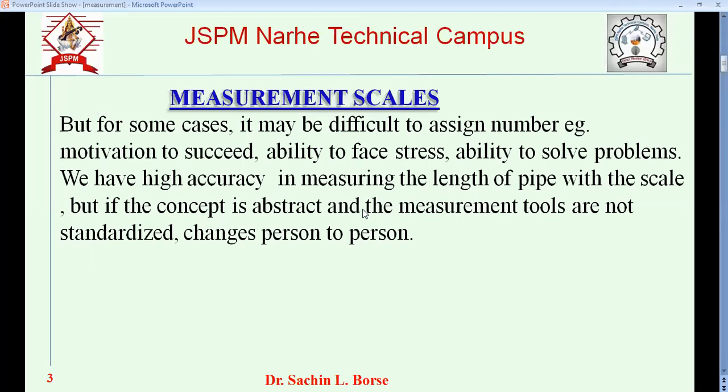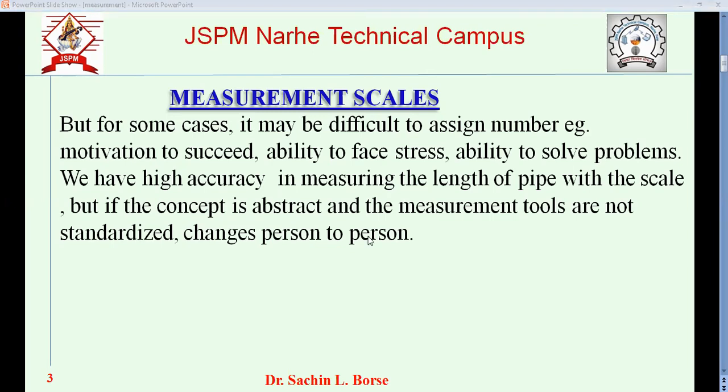How will you measure the motivation to succeed? What will be the scale? Ability to face stress, how will you use the scale? Ability to solve a problem. Here, it is actually difficult to assign the label or the scale.